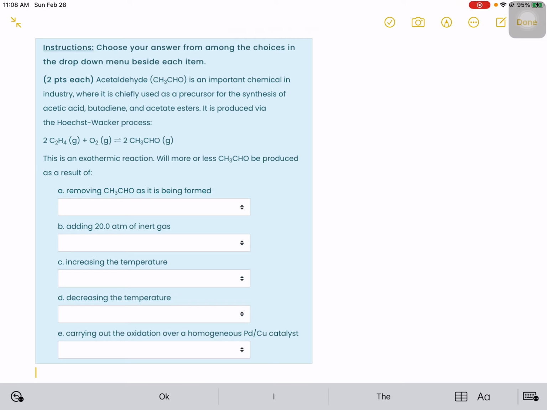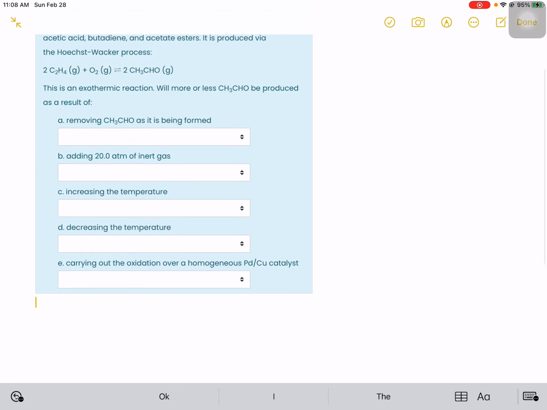So with all of that given information, we can surmise the following when we introduce the following disturbances. For letter A, when we remove the acetaldehyde as it is being formed, what will happen is the following.